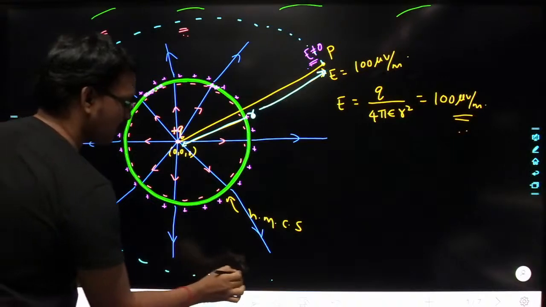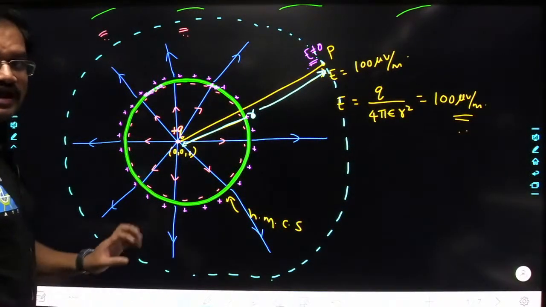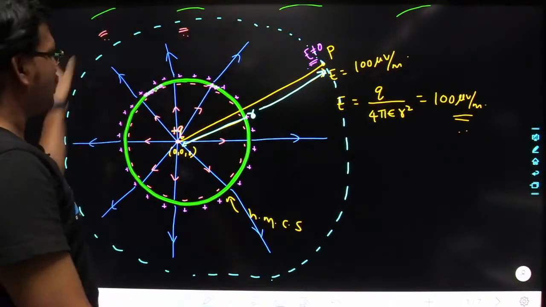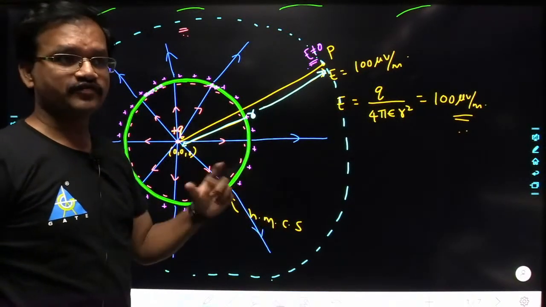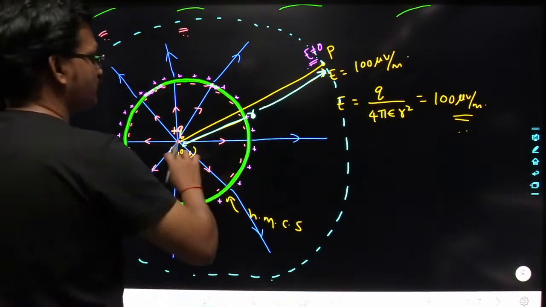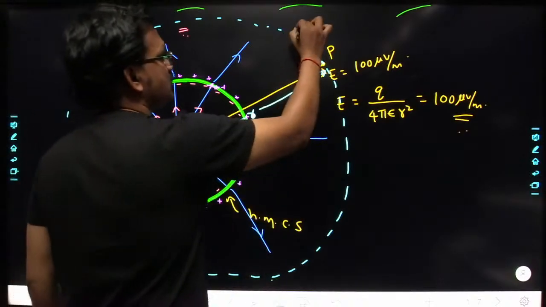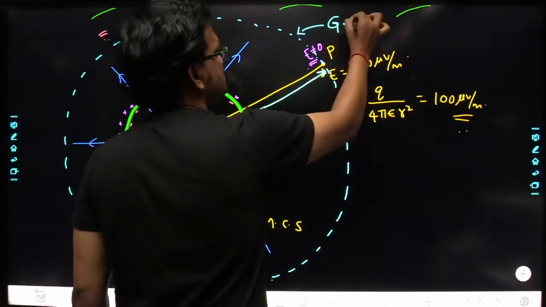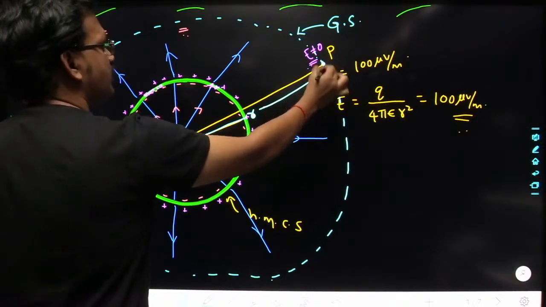I hope you know Gauss law here. What is Gauss law? Gauss law is nothing but the electric flux leaving any closed surface must be equal to the charge enclosed by the closed surface divided by epsilon. So with this radius r, I have formed a Gaussian sphere.